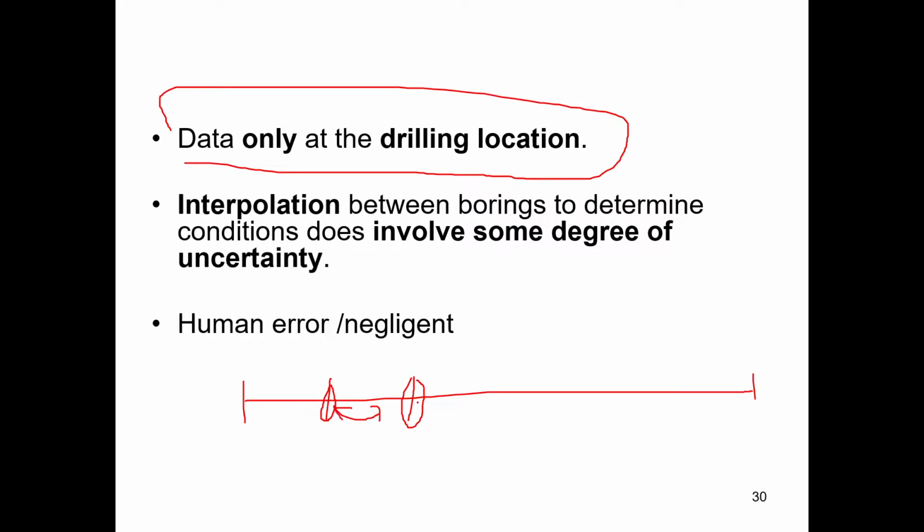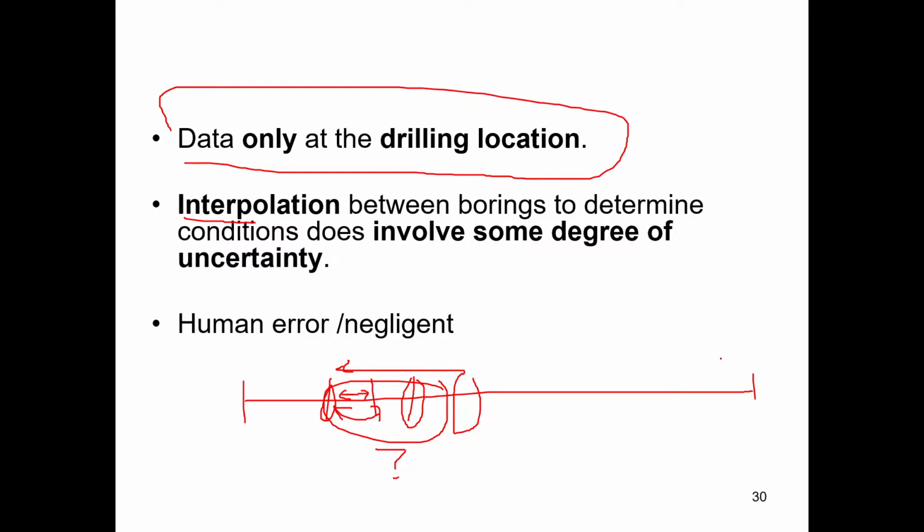How close should the boreholes be? If you have very close spacing, your cost really jumps. But if the boreholes are too far apart, you have uncertainties in between. So interpolation between boreholes involves some degree of uncertainty.